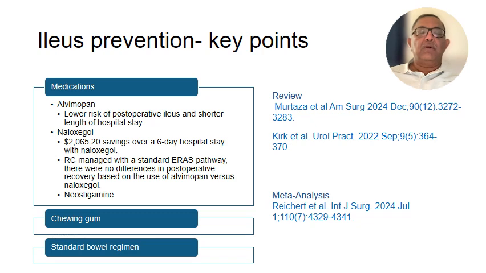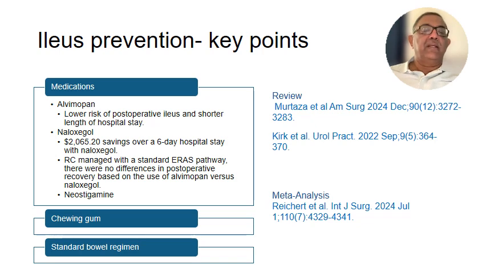The other important component of ileus prevention, besides the use of alvimopan with opioids: one of the problems with alvimopan is that it is extremely expensive, and its availability is also an issue with most healthcare systems. It's not available in my country, and I've never used it personally.